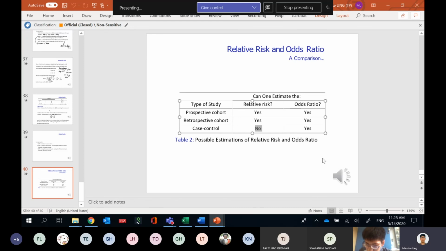So relative risk will never be used in cases where the number of subjects who have the disease is small as compared to the number of subjects who do not have the disease, in that sense? No, Sean. You can use relative risk and odds ratio at the same time.